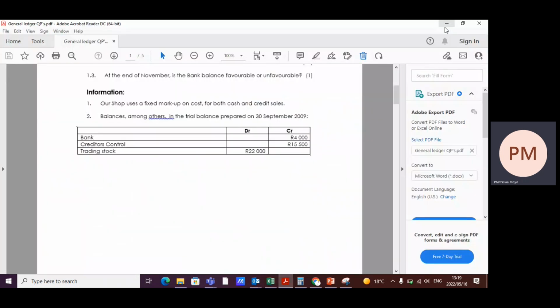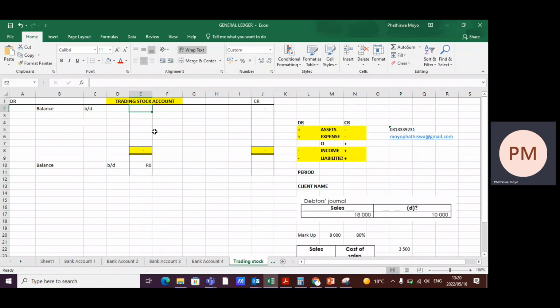So the balance brought down for the inventory is on the debit side because you can't oversell what you did not buy. There's no instance where the company will sell what they did not buy. Even where the company says, give us the money, we'll order for you, it's already an order, but they did not give you inventory that was not there. So there's no instance where you have a credit balance on inventory. Okay, so 22,000.